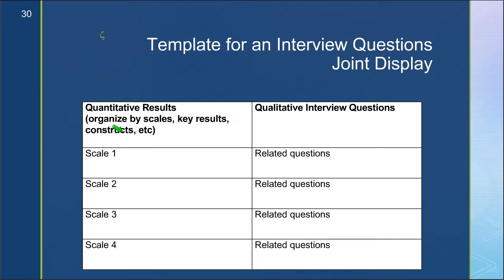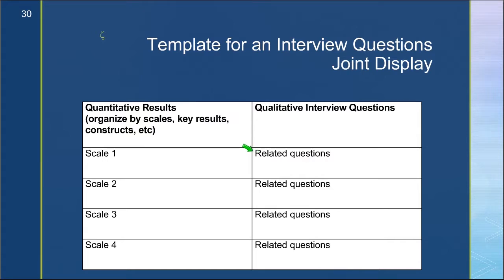So another way to think about really being planful is this sort of template for an interview question joint display. So based on quantitative results, and similar as before, we can organize this by key results, by scales, by constructs, but based on whatever it is we want to explain, what are specific questions that we could ask?